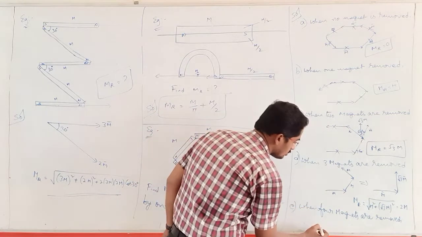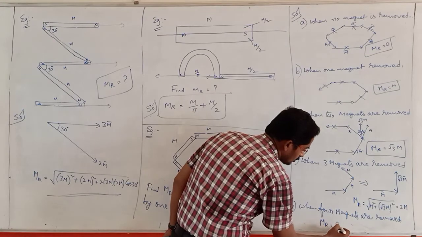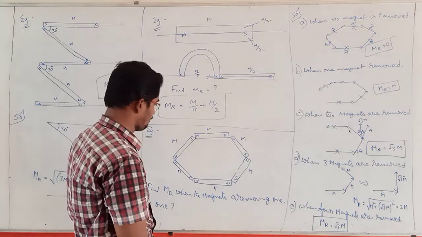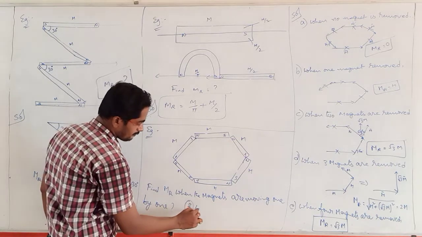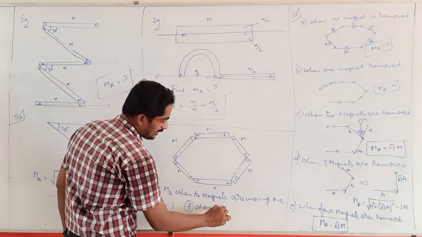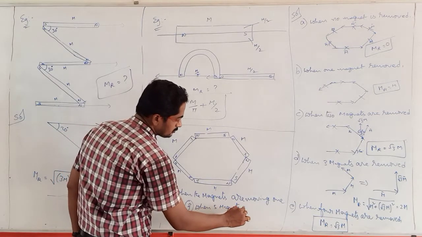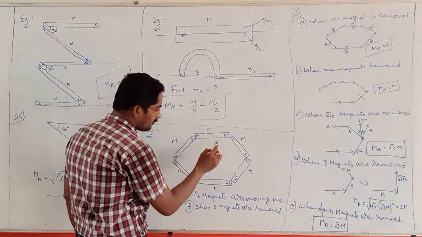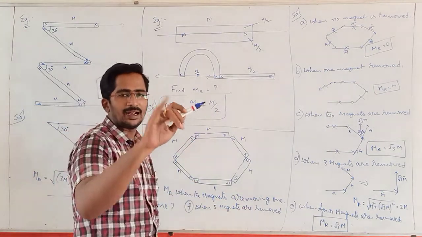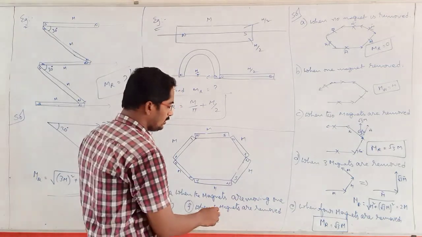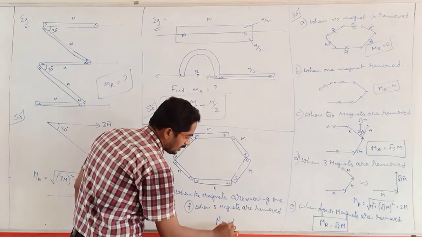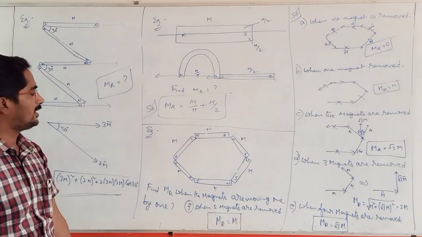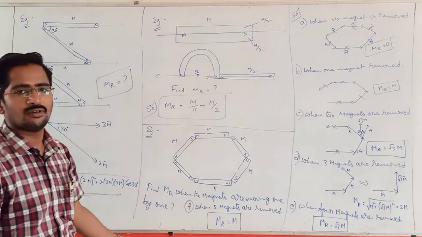Okay. Last one. When 5 magnets are removed, 1, 2, 3, 4, 5 removed, only 1 magnet remains, such that the resultant magnetic moment is equal to m only. Do remember this problem, okay? Very interesting one and important.